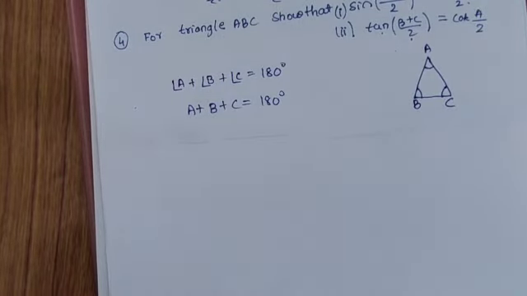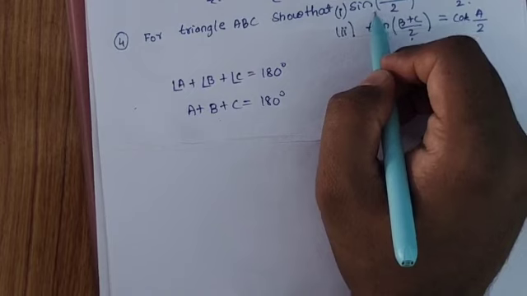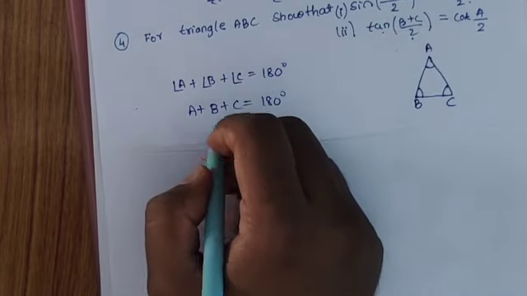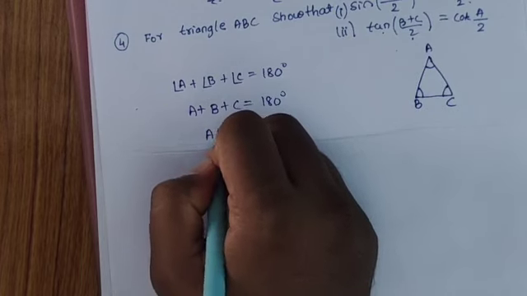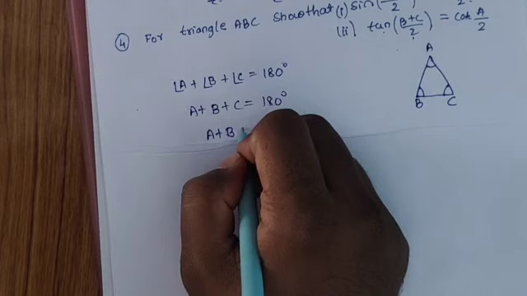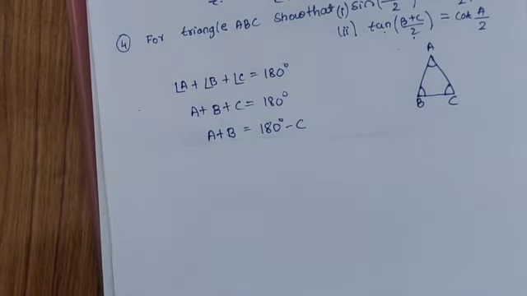So let us solve. Observe the first question: we need A plus B but not C, right? So A plus B is equal to 180 minus C, right?